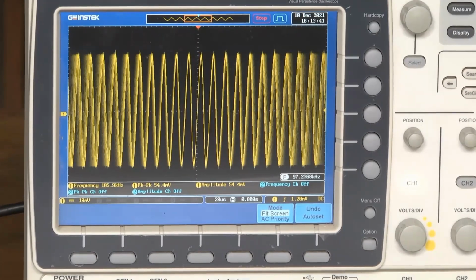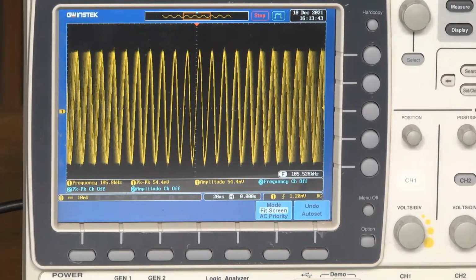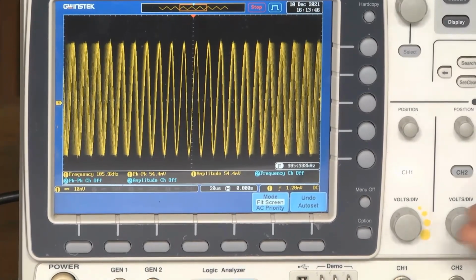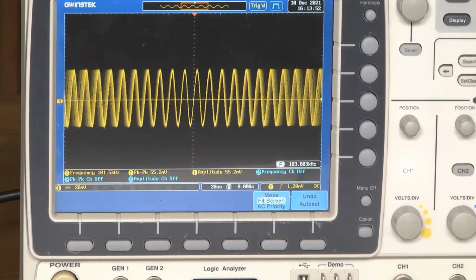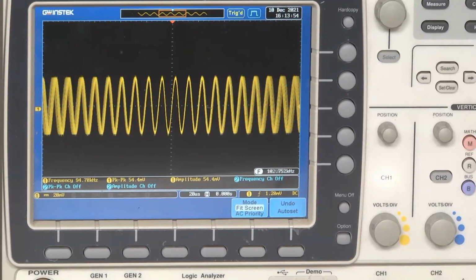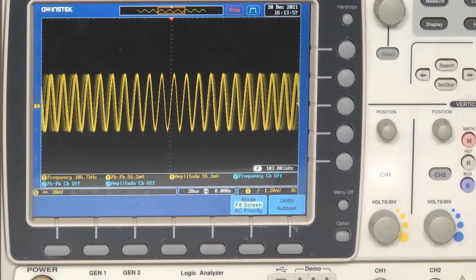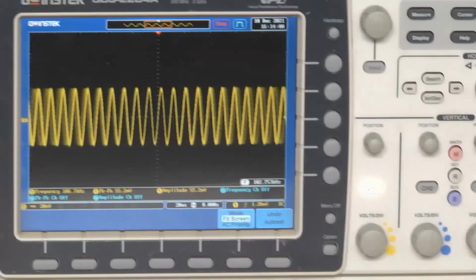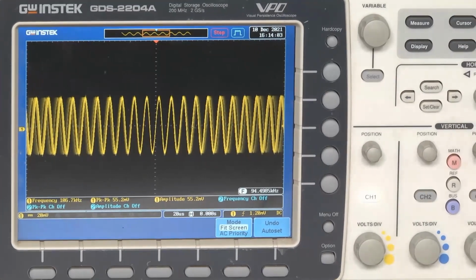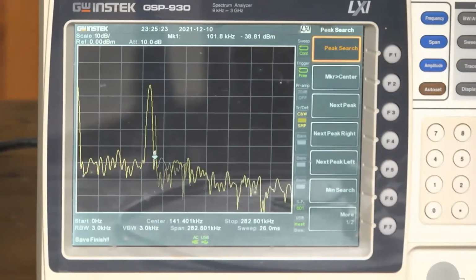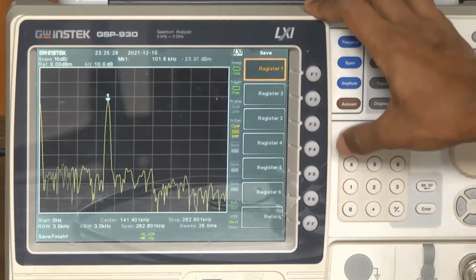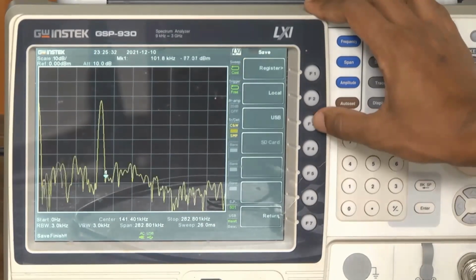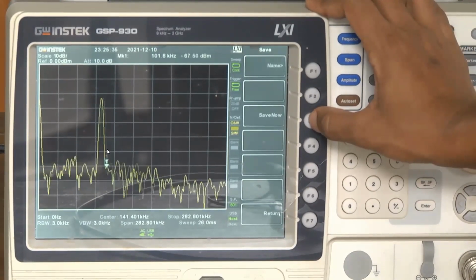This is the waveform. And this is the spectrum.